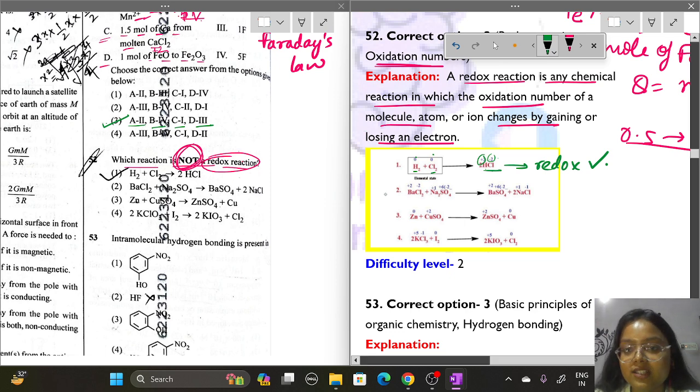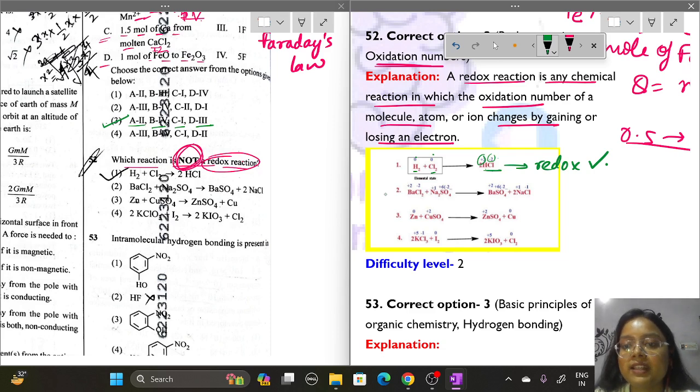Then for the second equation, BaCl2 plus Na2SO4 will give BaSO4 plus 2NaCl. Here the Ba oxidation state is plus 2, Cl is minus 1, Na is plus 1, and for SO4 we can also calculate: S is plus 6 and O is minus 2.